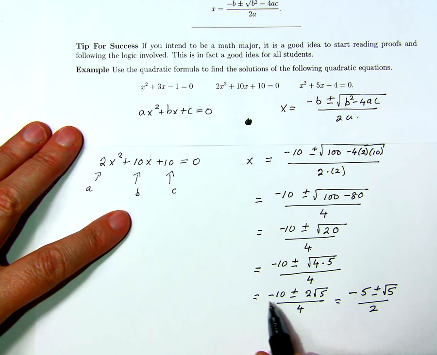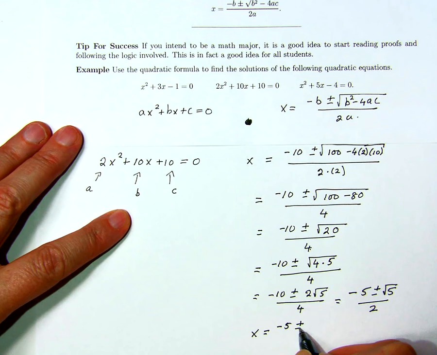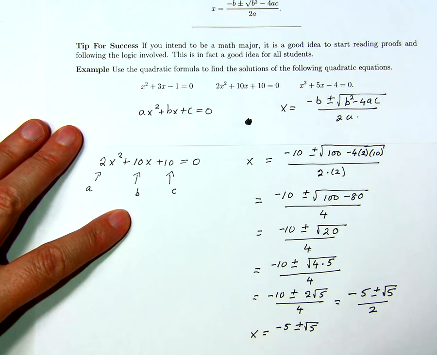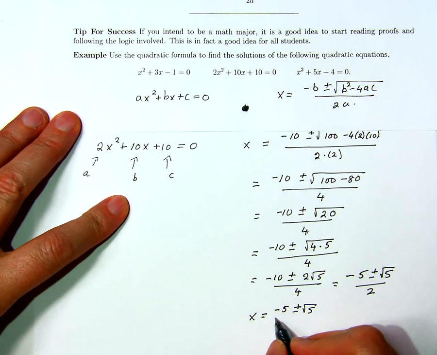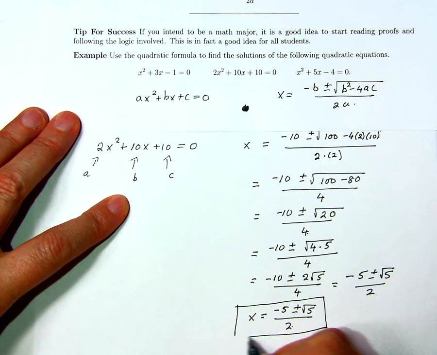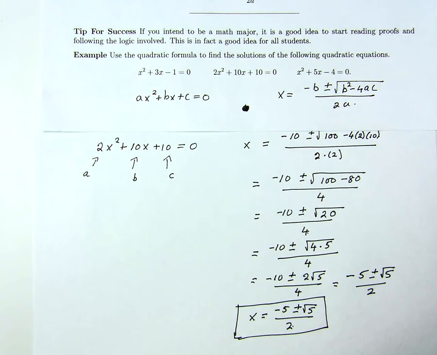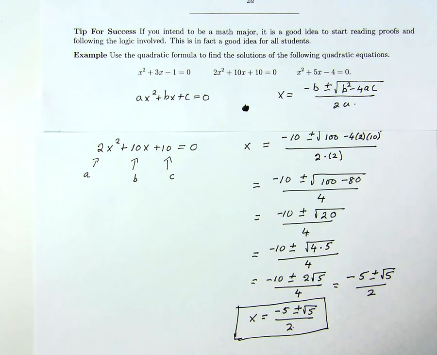And now, that's what my x is, so I have two real numbers there, minus 5 plus or minus the square root of 5 over 2, and because the square root of 5 is not a fraction, that's about as simple as I can make those two numbers look. So I have exactly two real solutions here.